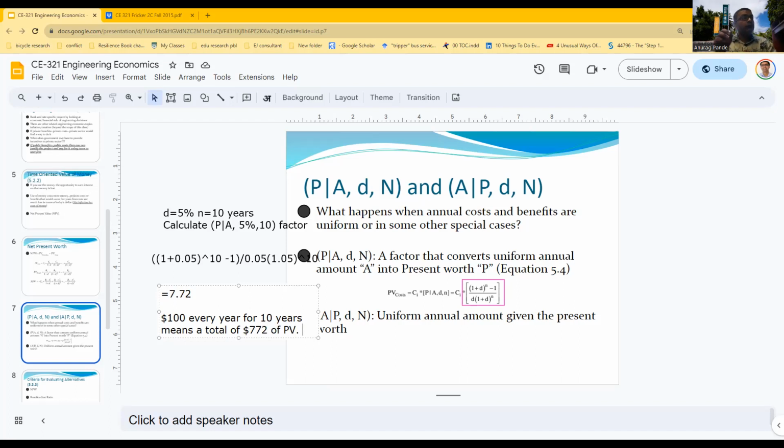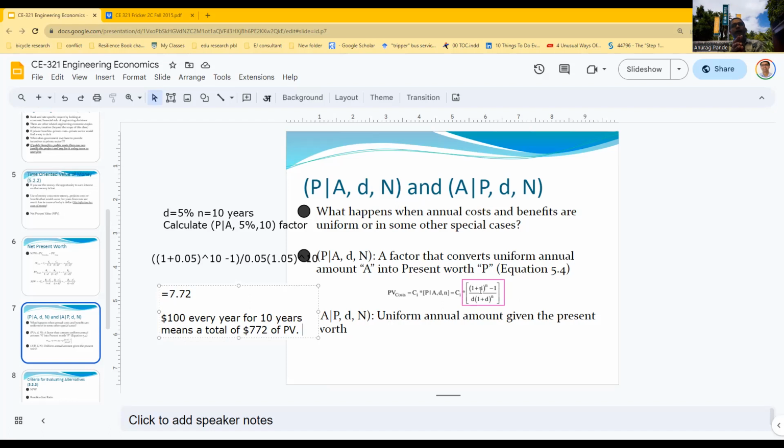Now, remember, that's not $1,000 of PV, because nominally, if you add up $100 for 10 years, 100 plus 100 plus 100 like that, you get $1,000. But if you account for the interest rate, you get 772.